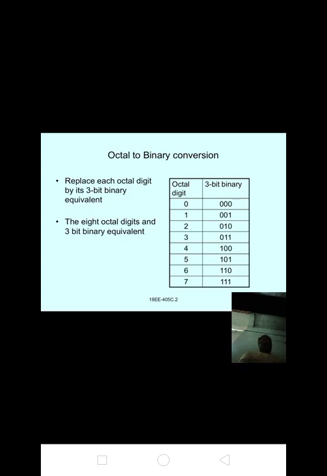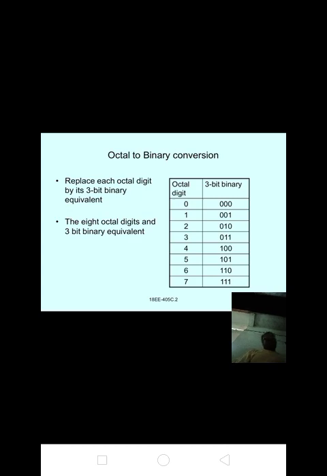Octal to binary conversion. The table is very important. Please make a note of it. Replace each octal digit by its 3-bit binary equivalent. The octal digits are 0, 1, 2, 3, 4, 5, 6, 7, and the 3-bit binary is according to the value of the octal digit.